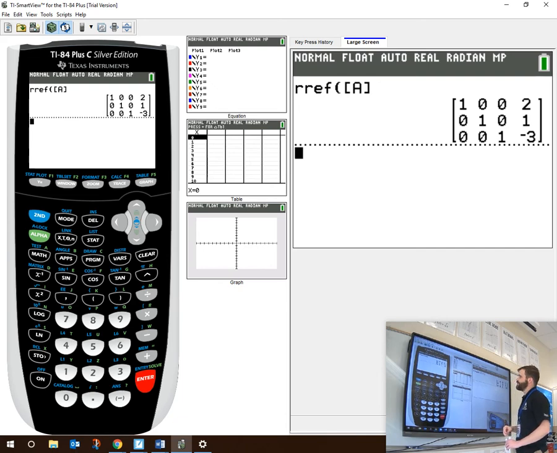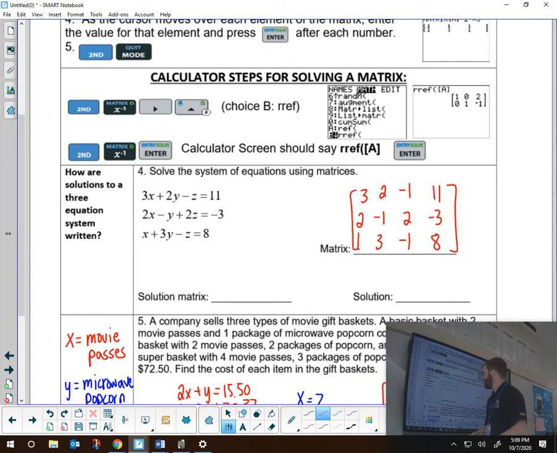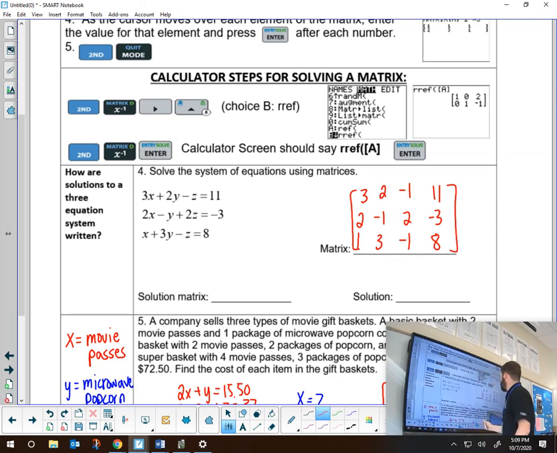Okay, so it spits out this solution matrix of x equals 2, y equals 1, z equals negative 3. Okay, so it's going to be 2, 1, negative 3. So we're going to go back to our notes, and we're going to write in my solution matrix. And remember, it was 2, 1, negative 3, right?